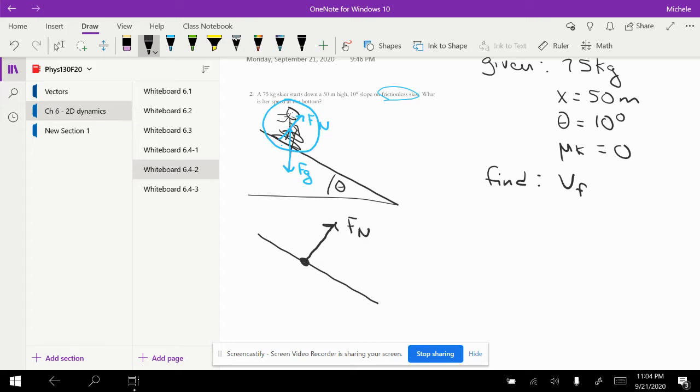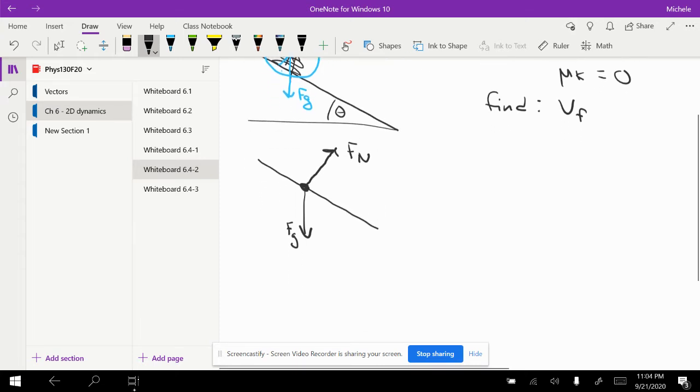But my force of gravity is always straight up and down, like that. FG. And let's extend this a little bit more.